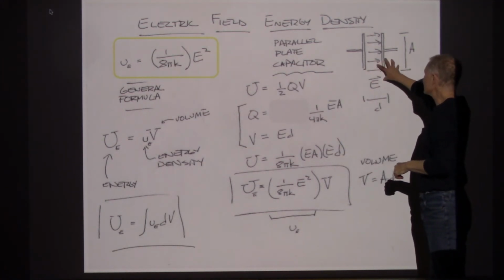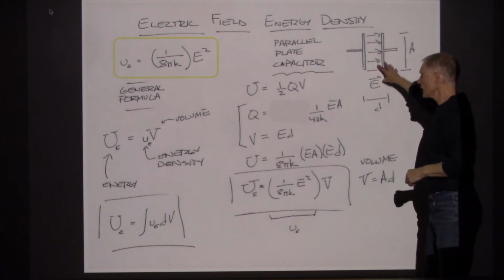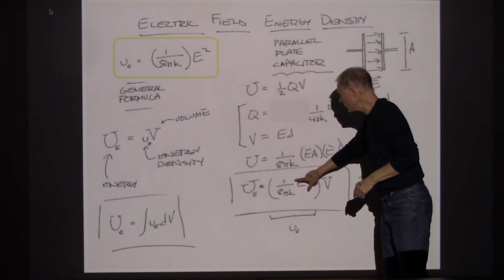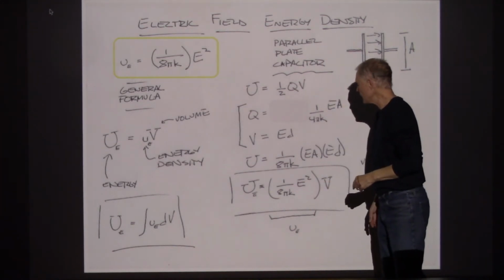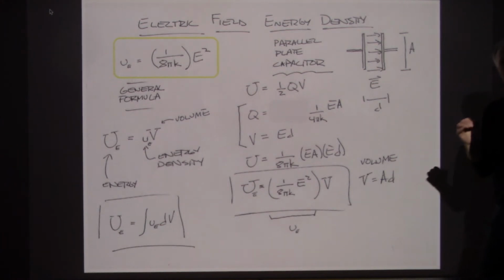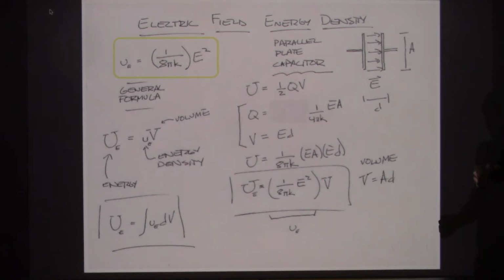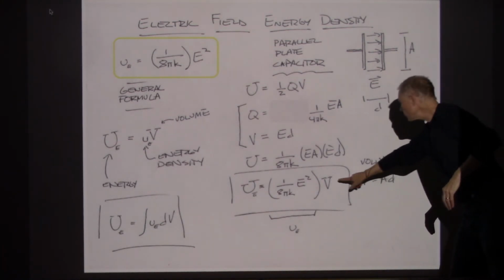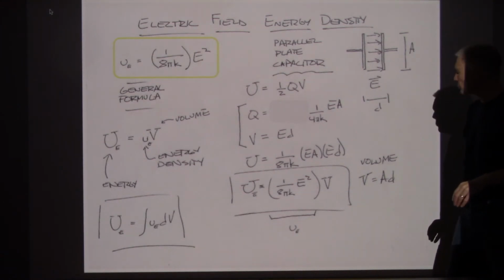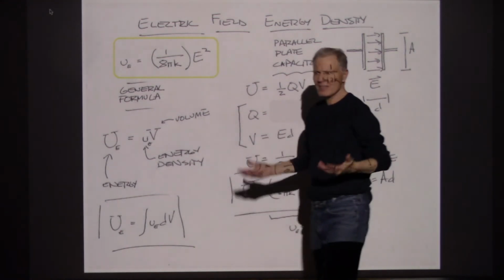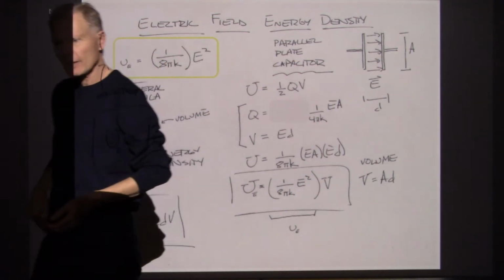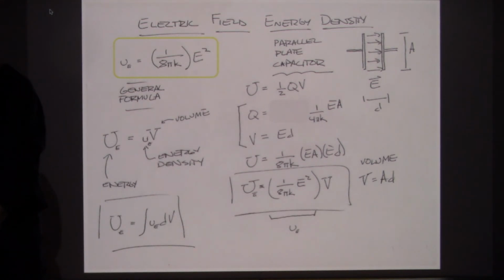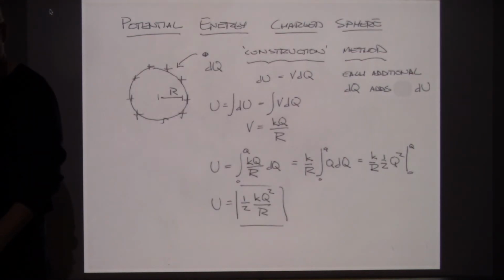The capacitor has an electric field inside, and by squaring the electric field and dividing by 8 pi k, that's telling me how many joules I have per cubic meter, and then multiplying that by a volume will give me the total energy. So it's an energy density. So that's a handy concept to work from in many situations.